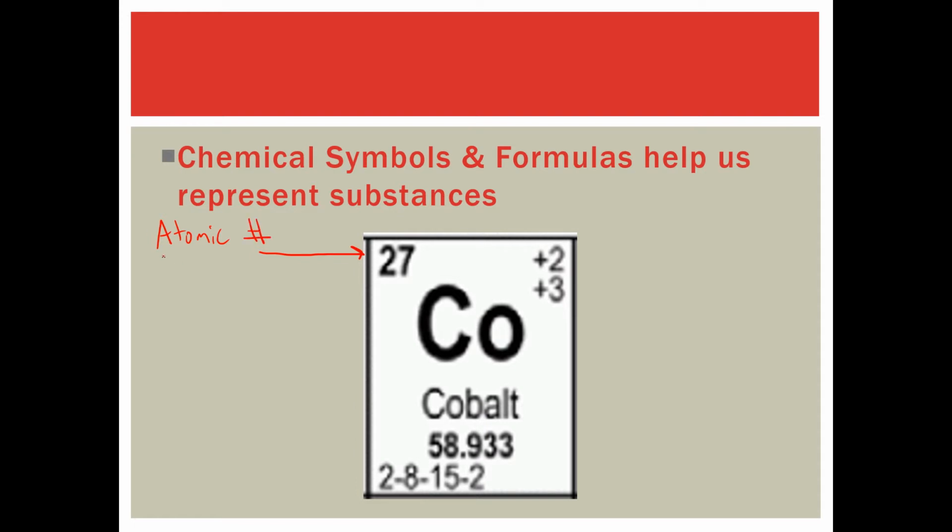Okay, this corresponds to also the proton number of the element, and as long as the element is neutral, this would be also the electron number in a neutral element.